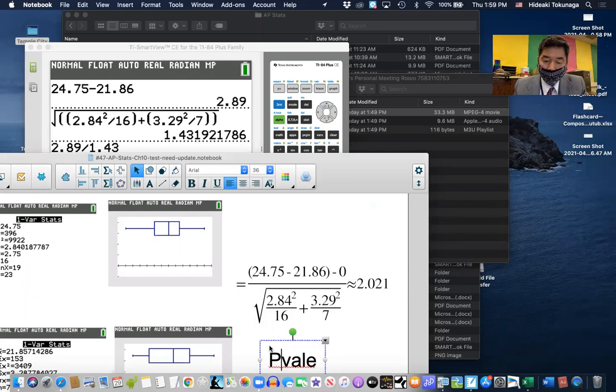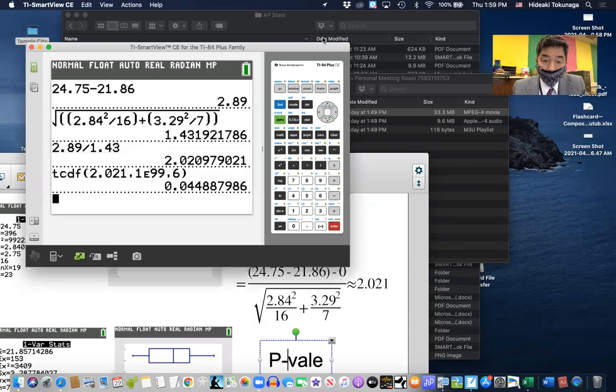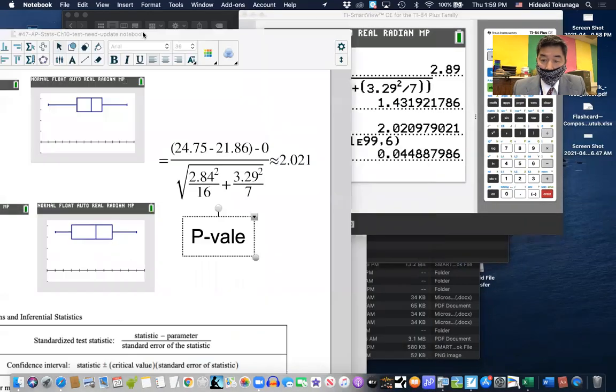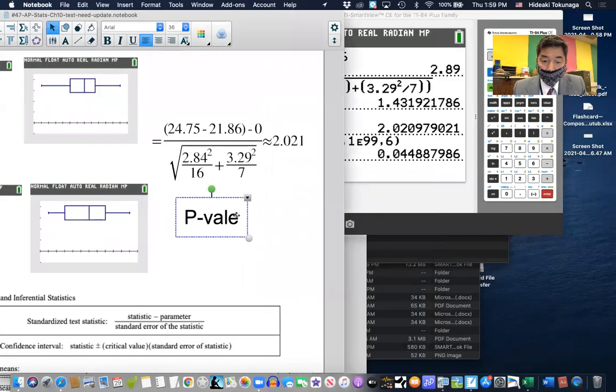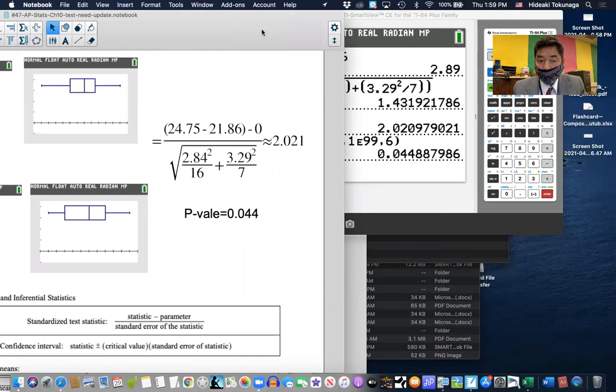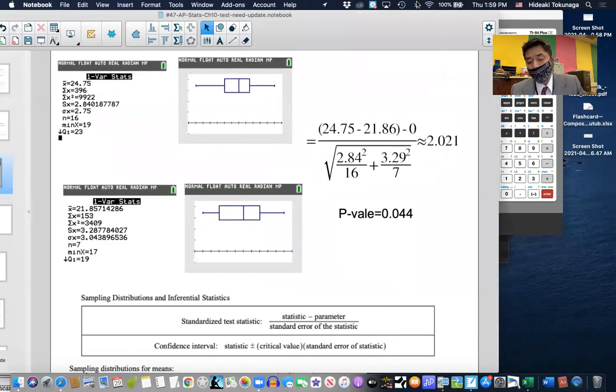So I write down p-value. The p-value is less than the alpha level. This is around 0.044. So it's a reject, we reject the null hypothesis.